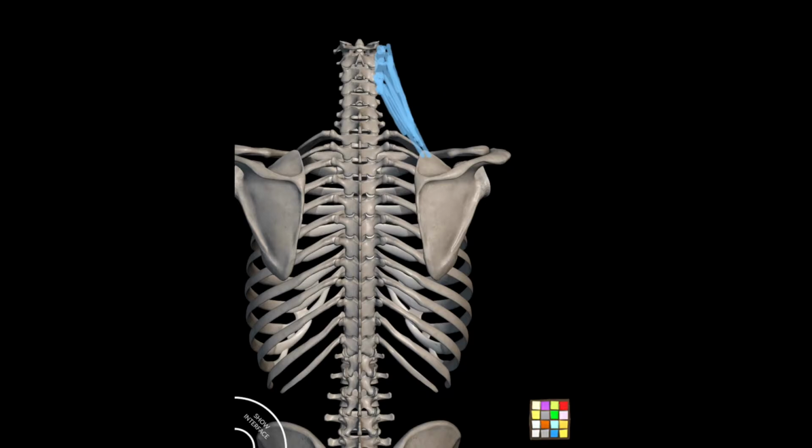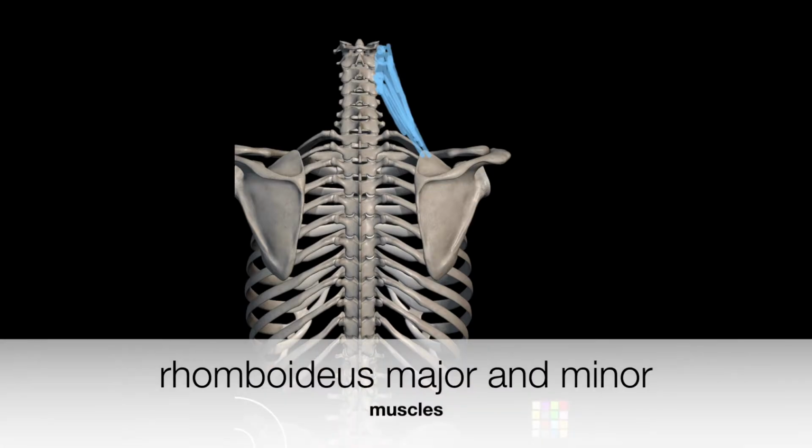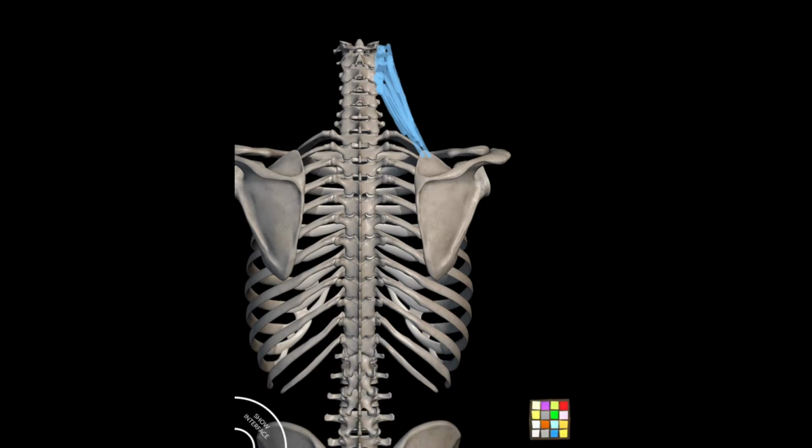Looking next at the rhomboideus muscles, these are rhomboideus major and minor. They're essentially the same muscle but with an interval that divides them irregularly into rhomboideus minor, which is the smaller but superior of the two, and rhomboideus major, which is the larger but inferior of the two.